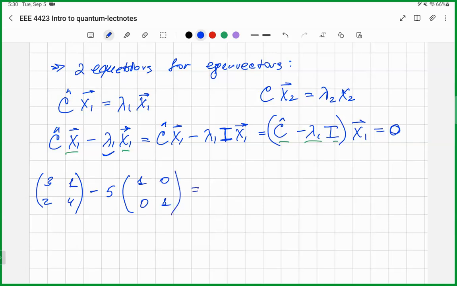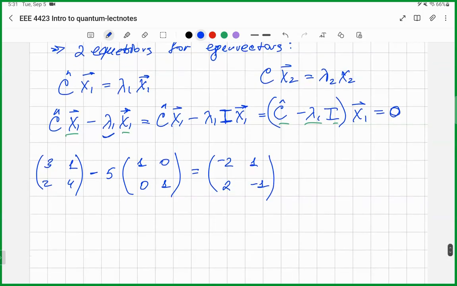Okay, so it is equal to 3 minus 5, which is minus 2, then 1, then 2, and 4 minus 5 is minus 1, right?